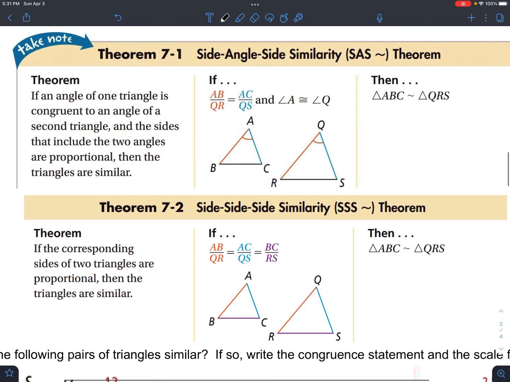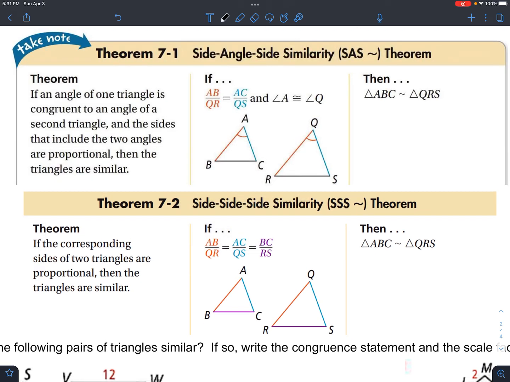So the next two, the other similarity theorems, this is it. They kind of come in a package because they are saying the same thing. So it also works out that if you have side-angle-side between two triangles, they are similar. And if you have side-side-side between two triangles, they are also similar.